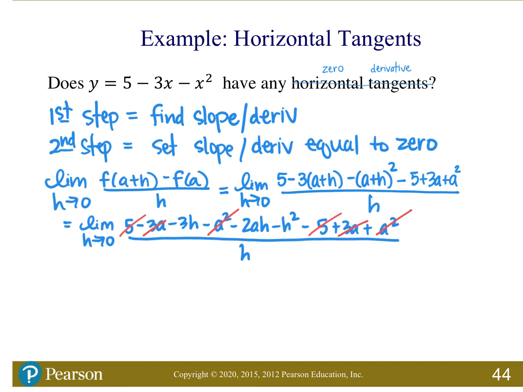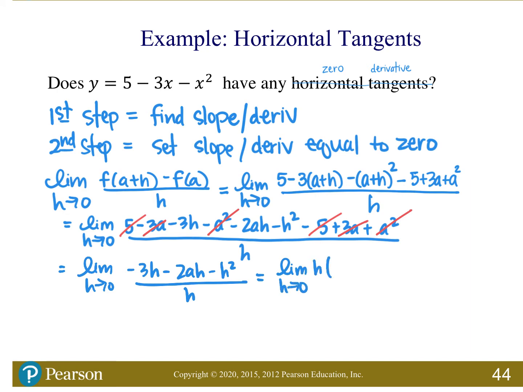All right, so what I am left with is minus 3h and minus 2ah and minus h squared all over h. So everything I'm left with has an h in it.